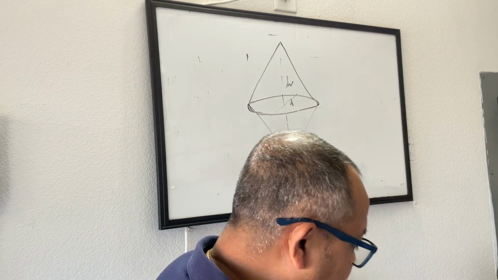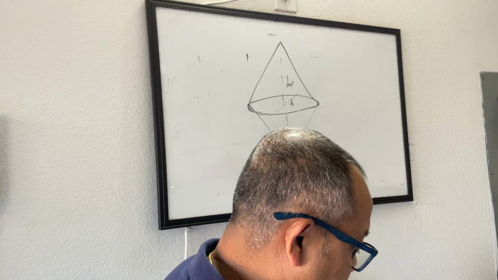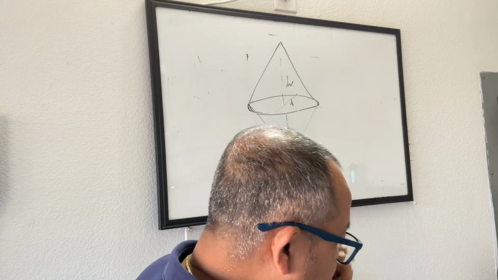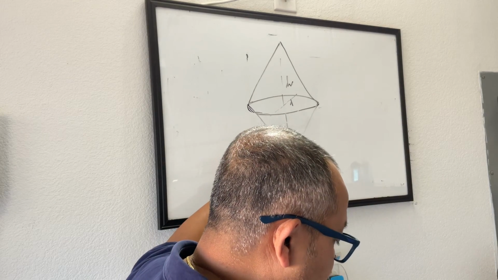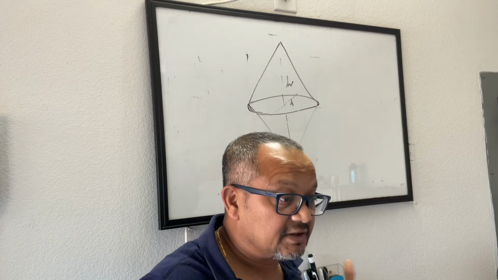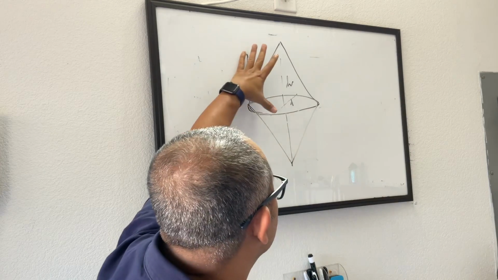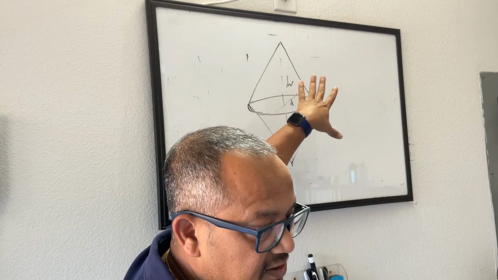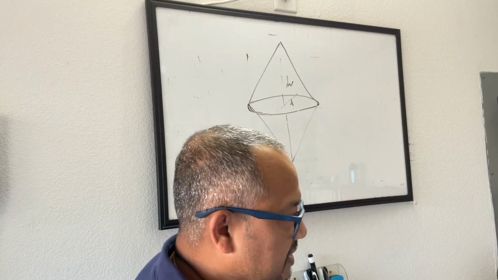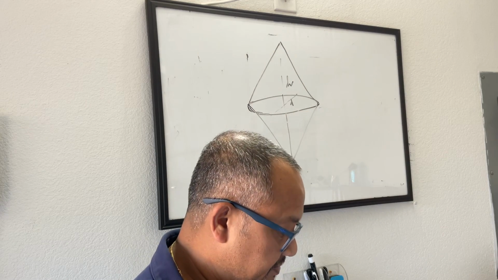A top is formed by fusing two identical right circular cones by their base as shown. So now if you try visualizing what I had drawn, it's like two cones put on the top of each other by their base facing towards each other, and that forms a top.